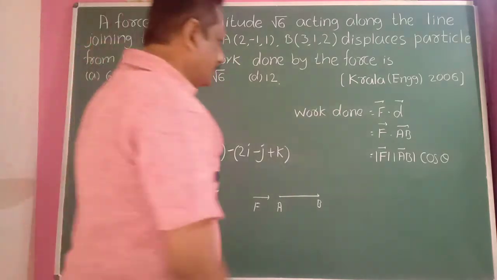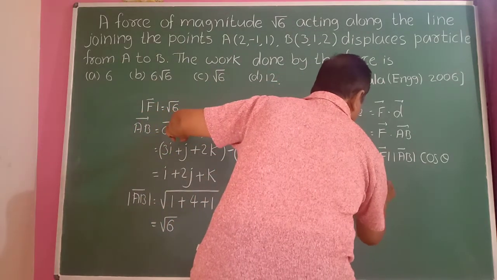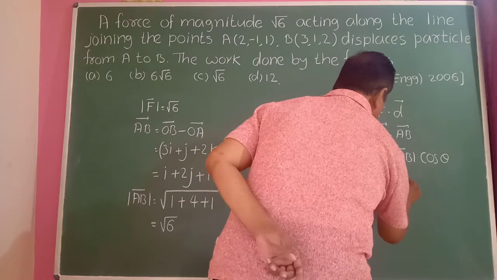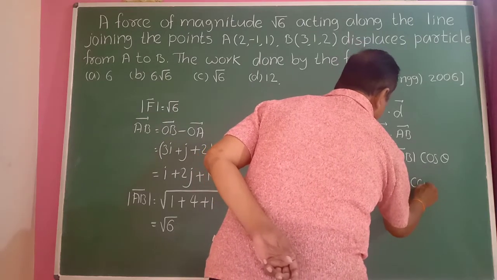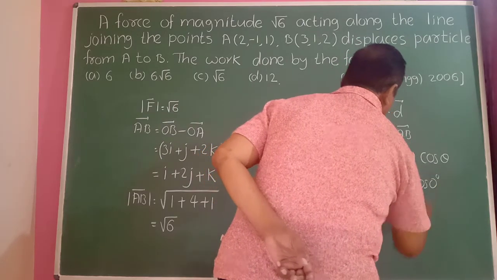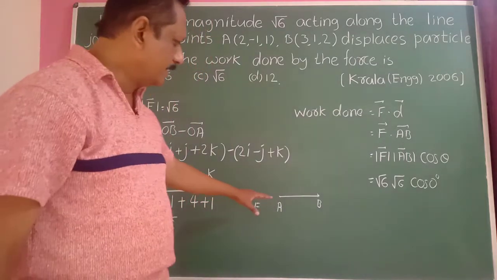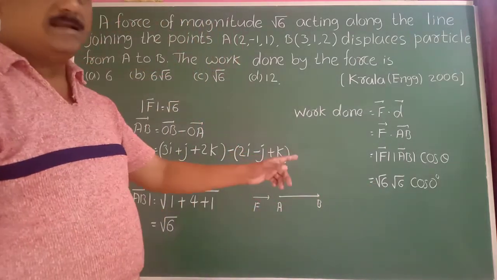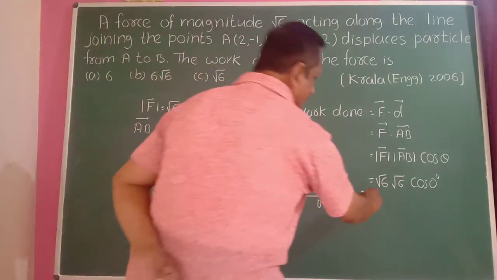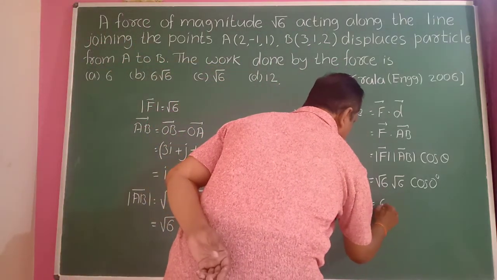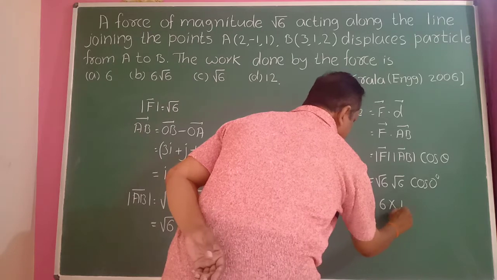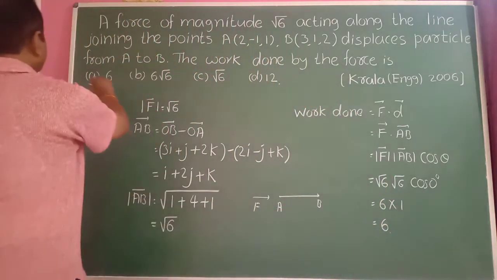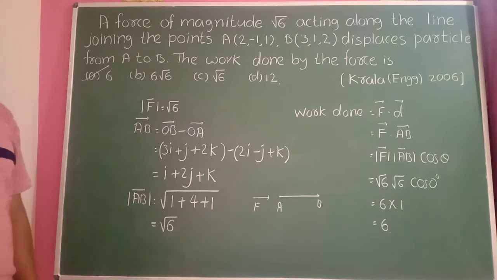Modulus of F is root 6, modulus of AB is root 6, and cos 0 degrees is 1. Root 6 into root 6 is 6, and cos 0 degrees value is 1. So 6 is the answer. So the first option is correct.